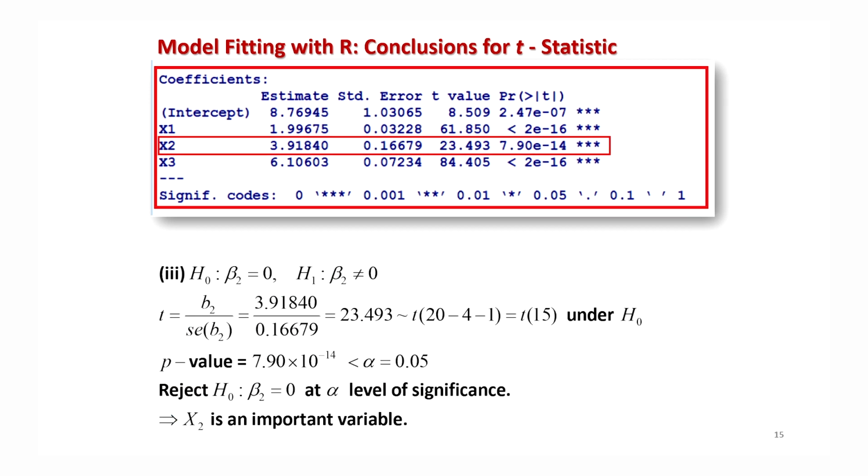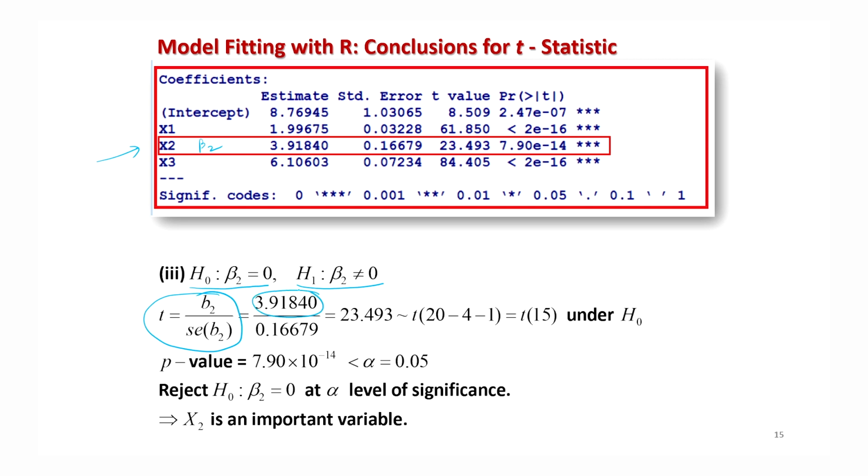Similarly, you can do the same exercise for the row corresponding to x2, because x2 indicates b2. My null hypothesis here is H naught, beta 2 equal to 0, the alternative is H1, beta 2 not equal to 0, and the concerned t statistic is t equal to b2 upon standard error of b2.